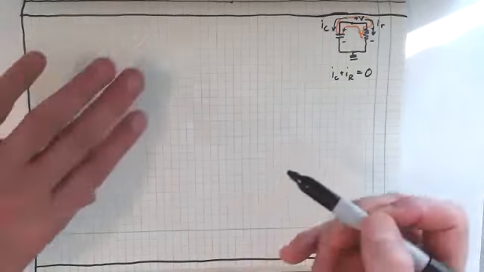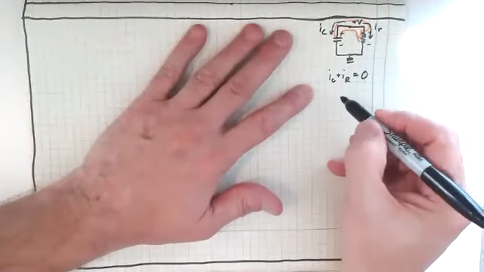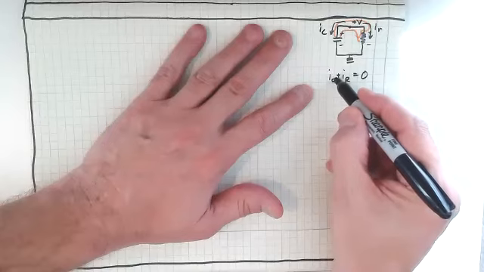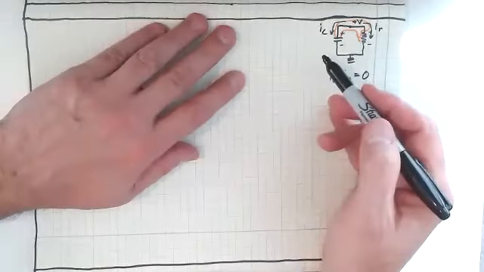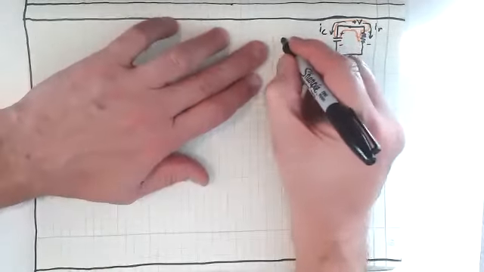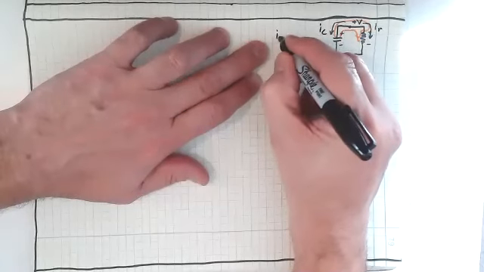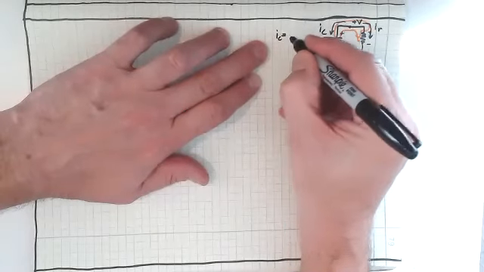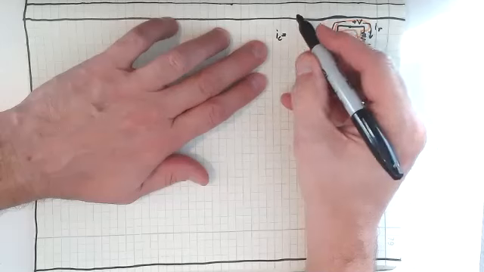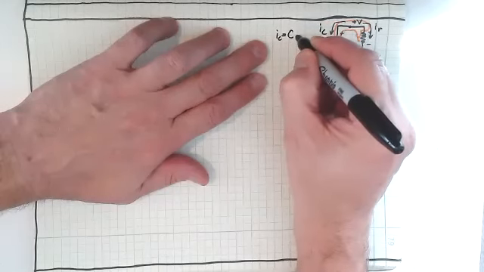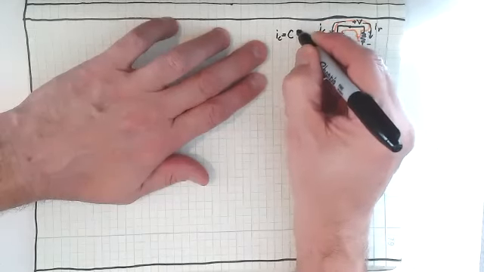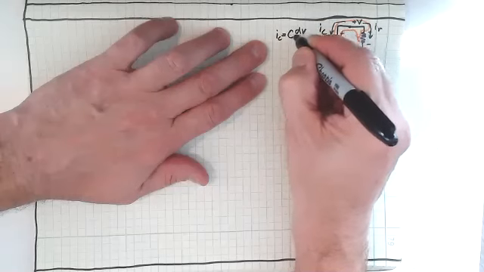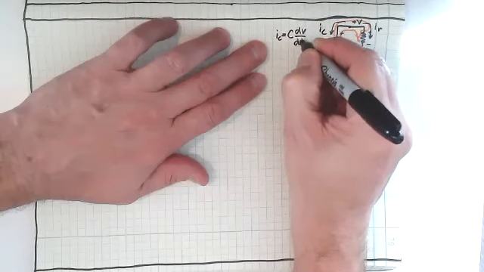But what we can do with that is we can say, okay, what is I sub C? We go back to our previous lecture, and we know that I sub C equals C dV/dt, right?